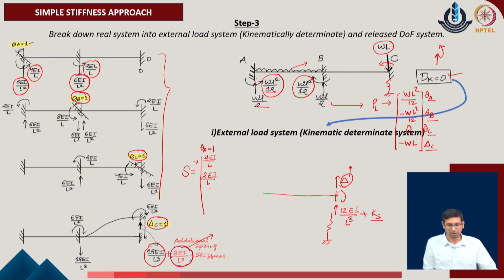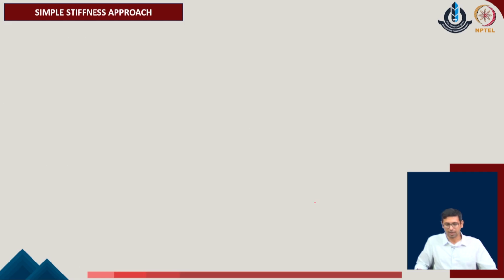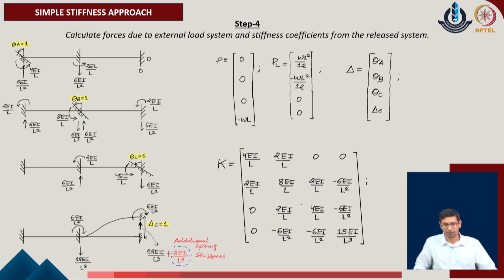In this manner we can keep on contributing all the members by looking at these specific forces which have been identified, and this gives us the overall stiffness matrix of the given system, and we describe that matrix in the standard form which appears like this.